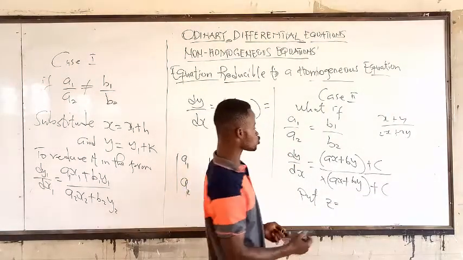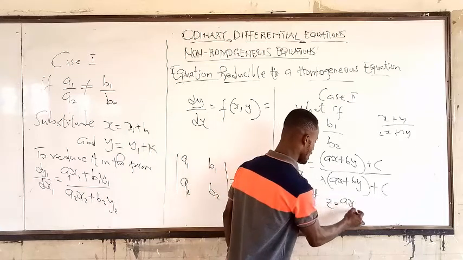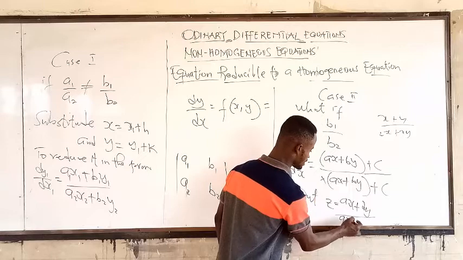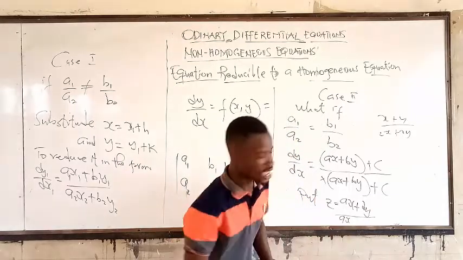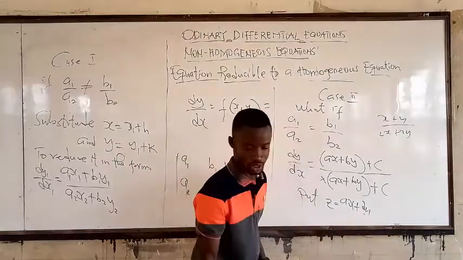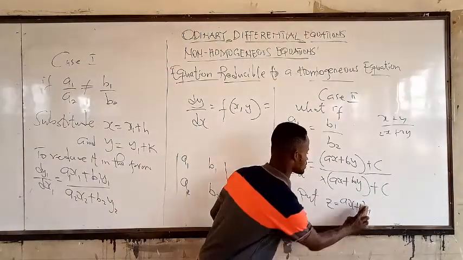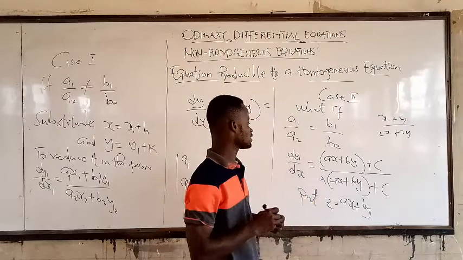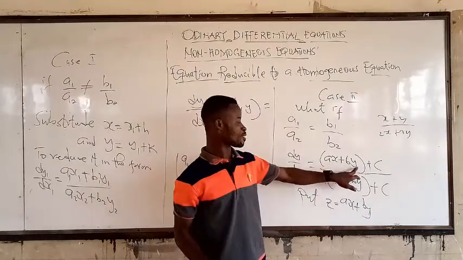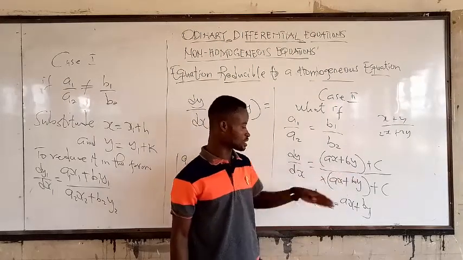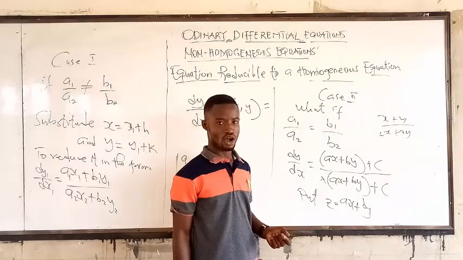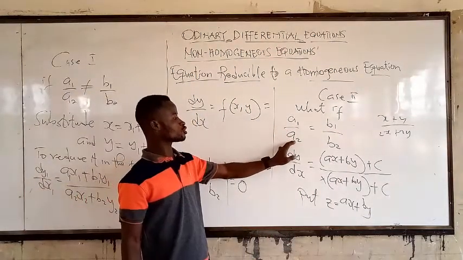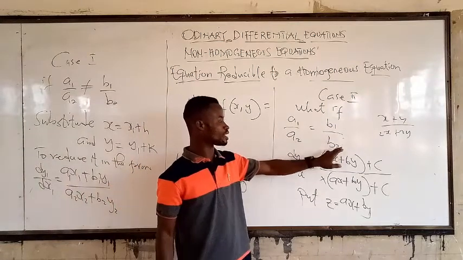Then we can put Z to be equal to ax plus by. Knowing that here will be ax plus by, so here will be Z and here will be Z. Exactly. Alright. But this is the case that a1 over a2 is equal to b1 over what? b2.